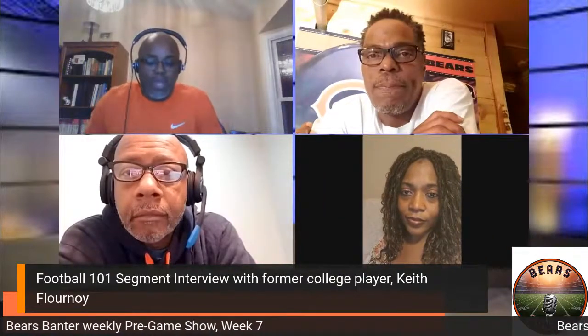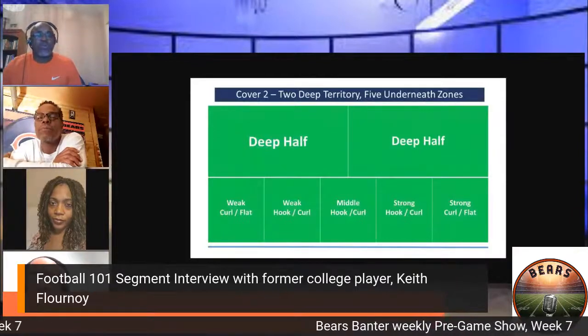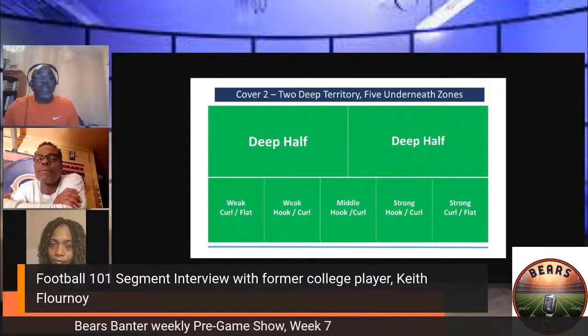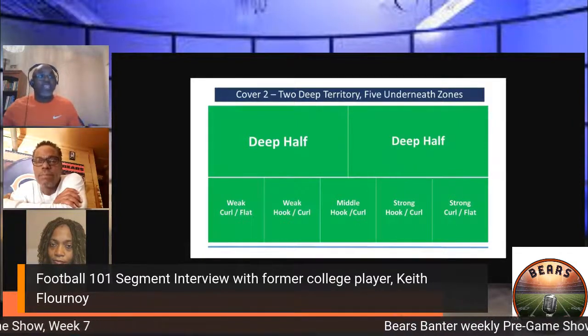So let's spend a little time talking about the coverages. I only have 2 more slides left, but I want to make sure we get into this, so at the very least, the people that are watching the game have a better idea of what they're actually looking for. When we start talking about cover 2, the coverage dictates the number of deep defenders. If we've got a cover 2, that means we've got 2 guys back there that split the field in half, and they're responsible for anything deep.